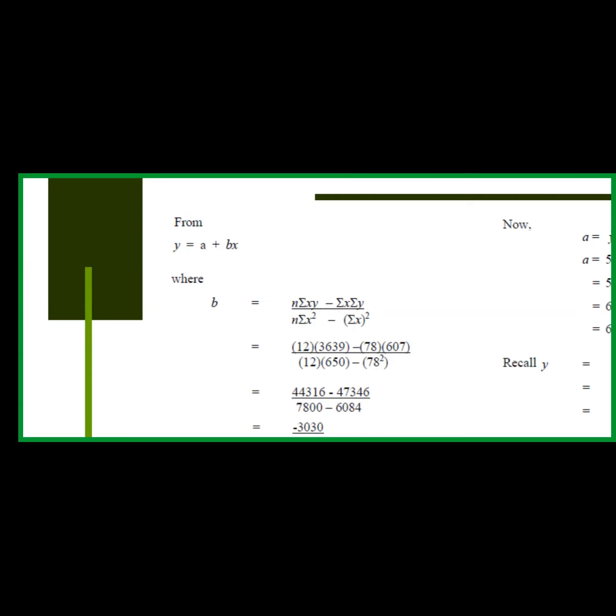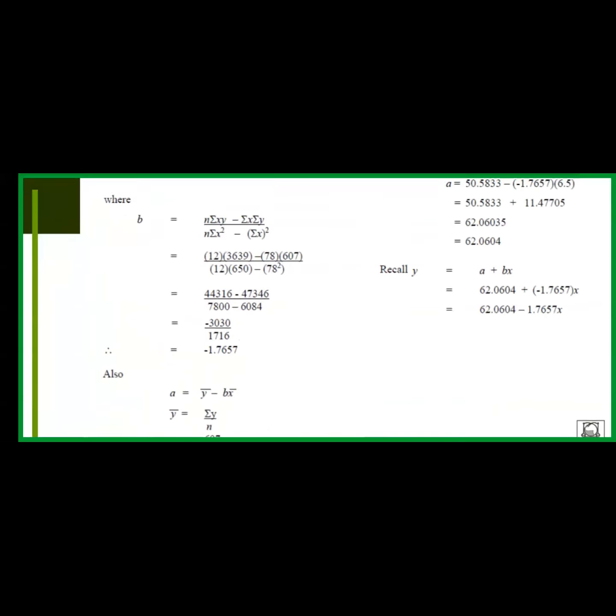Okay, you're correct. Now get the denominator too. 1,716. Good. So give me the answer. 4.42. Exactly, we are correct.